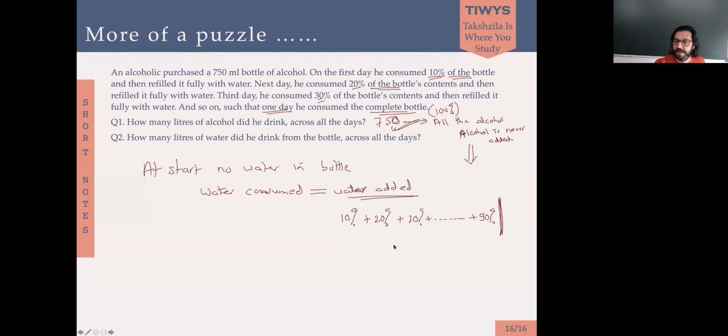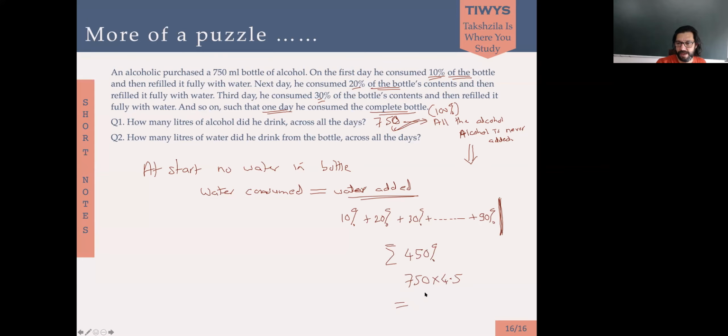So if I do this summation business, what's the summation business? 9 is 45. So 450%, and 450% of 750 is nothing but 4.5 times 750. What is that going to be?